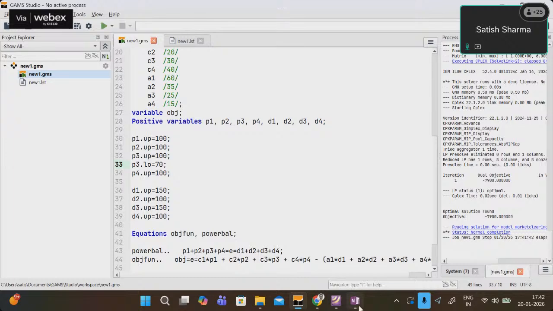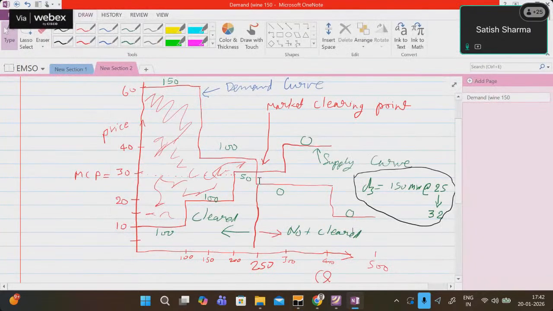If we go back to the market clearing, this generator is still producing. So the price is defined. The market clearing price is still 30. This is the intersection point. At 30, instead of producing 50, the generator is producing how much? 70 megawatt, because it can produce a minimum of 70.